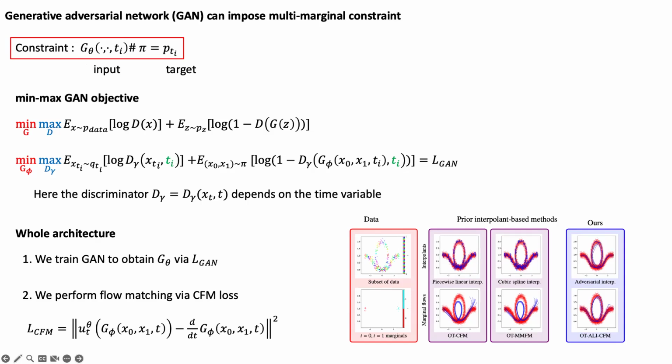And cubic spline is another method of multi-marginal flow matching, but they still use some kind of spline, like a polynomial regression in numerical methods. Okay, so this ends.